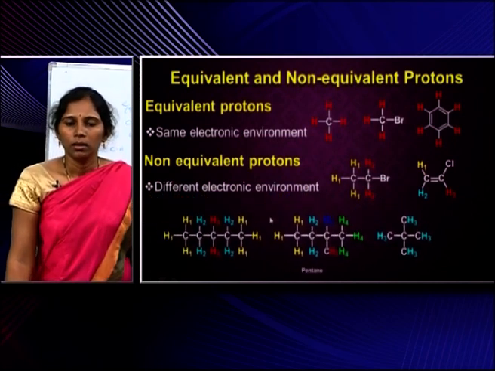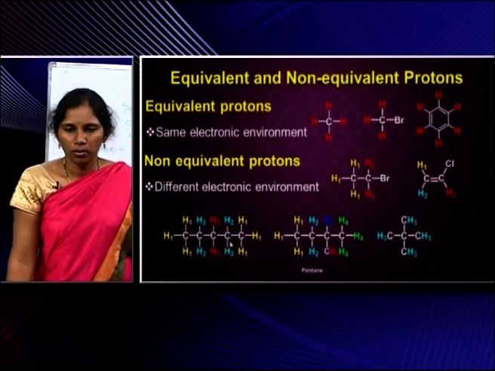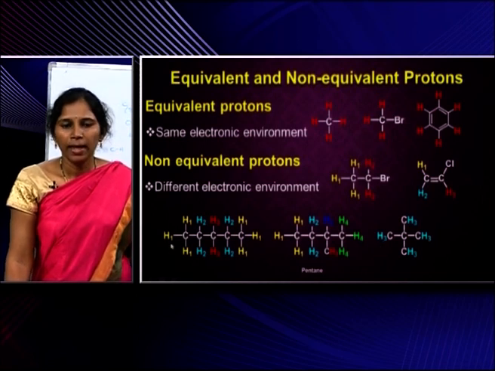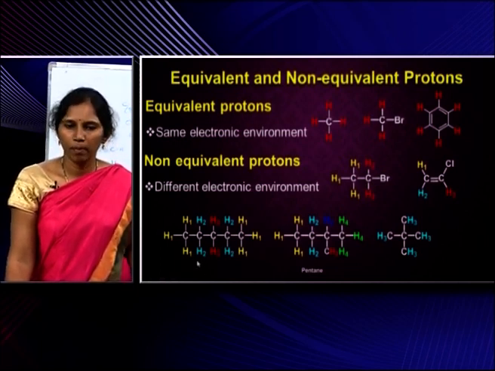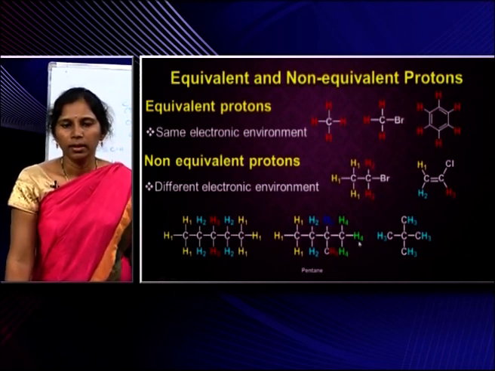You see here, these are the isomers of pentane. In n-pentane you can find 3 types of protons. Here the protons on this carbon and the last carbon are the same. Similarly, the blue colored protons are the same, and the CH2 protons are different. Like that we get 3 signals in the NMR spectrum. If you take isopentane, here we will get 4 signals.